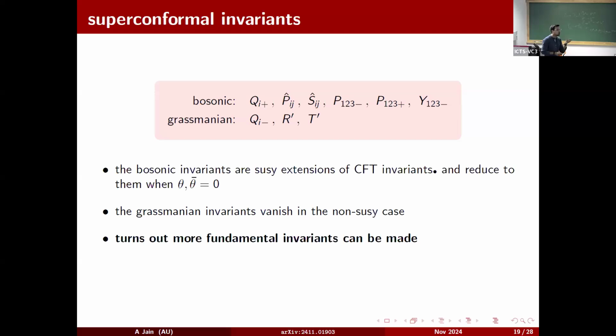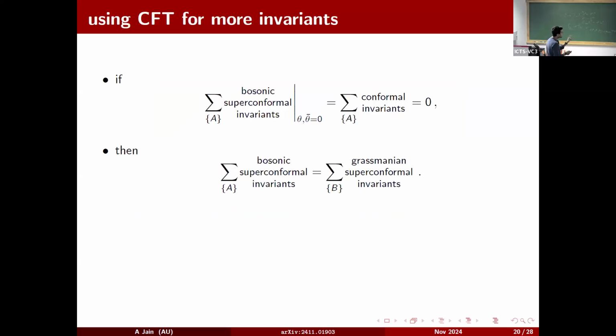But it turns out there are more fundamental invariants that can be made, a couple of them. To understand that, we have to go back to our CFT analysis. Let's say I take a combination of bosonic invariants which are related in the conformal case.